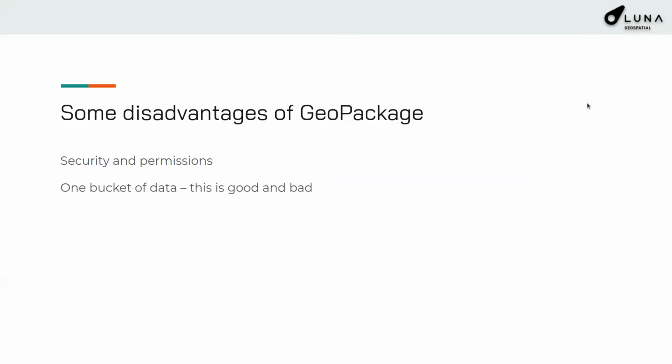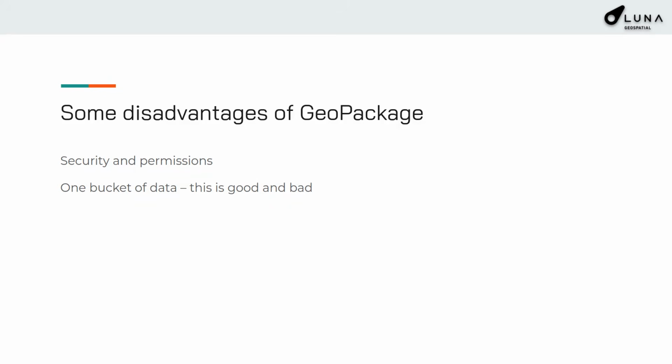The one bucket of data is nice, but this is also a good and a bad thing at times, right? If you want to group your data within a Geopackage, you can't really do that like you would within PostGIS. If you saw my webinar from a couple of weeks ago called Spatial SQL Isn't Scary, it's on our YouTube channel now, I was talking about how we can create different schemas for different types of layers. I will typically add things to a schema called boundaries, and I'll throw all the boundary data for something like a municipality in there.